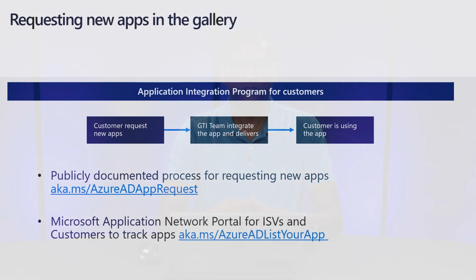If you have already added the application for single sign-on, and once we enable user provisioning, the same application which you have already added can be enabled for automatic user provisioning. We have a publicly documented process for requesting these applications under this program, which is available using the short link aka.ms/AzureADAppRequest.